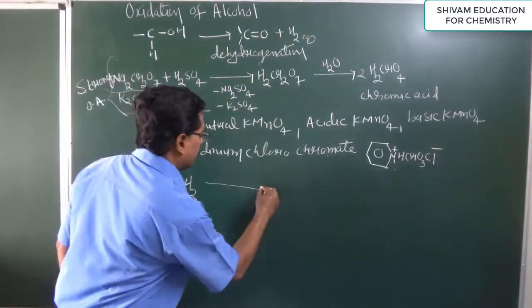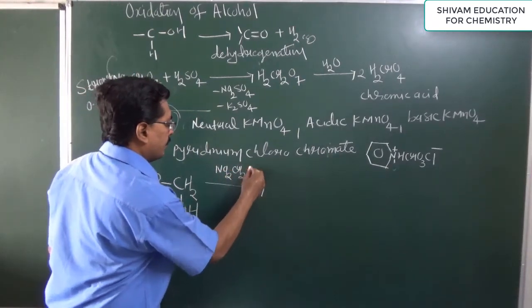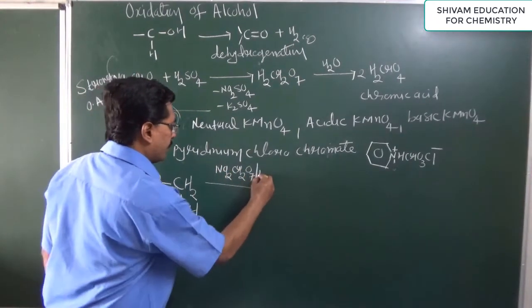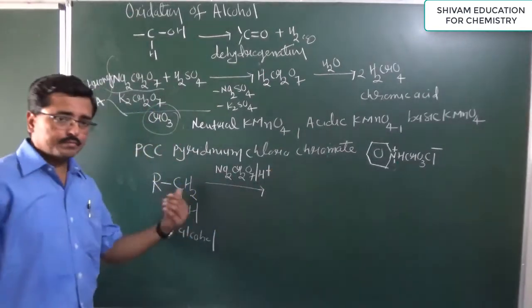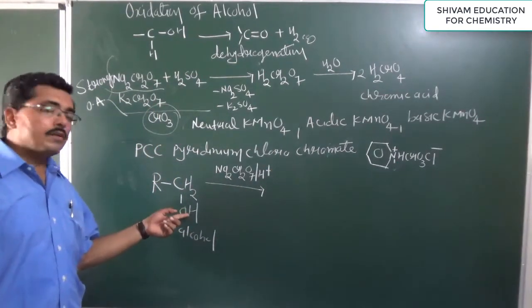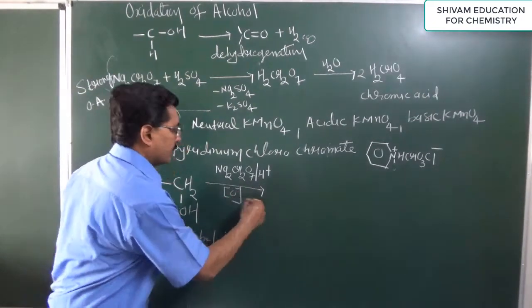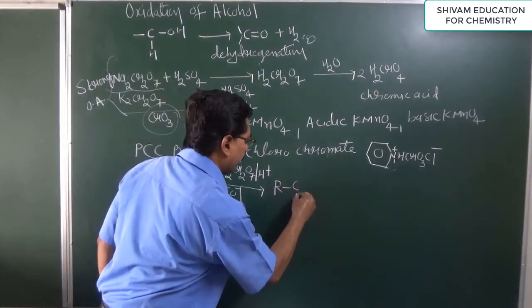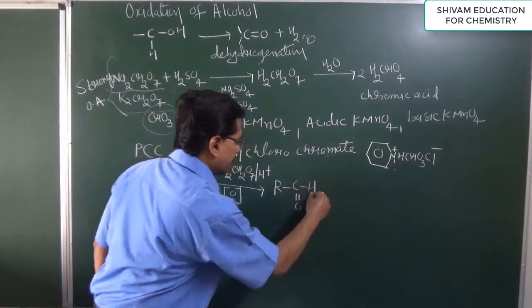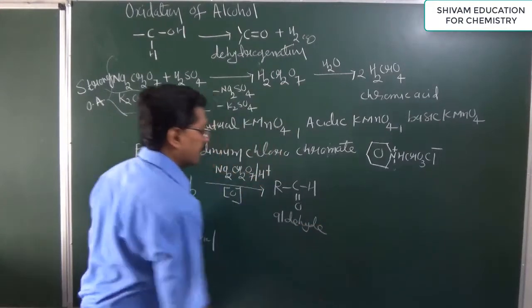By oxidation of primary alcohol using an oxidizing agent, either sodium dichromate with sulfuric acid or KMnO4, hydrogen is removed from carbon and hydrogen is removed from oxygen, and after the oxidation reaction we will get an aldehyde. So oxidation of primary alcohol first gives an aldehyde.